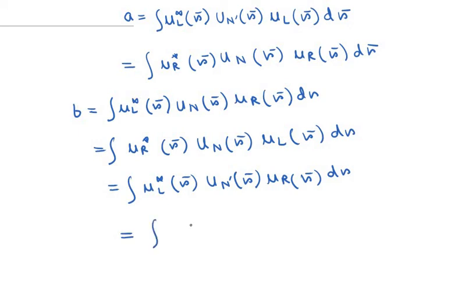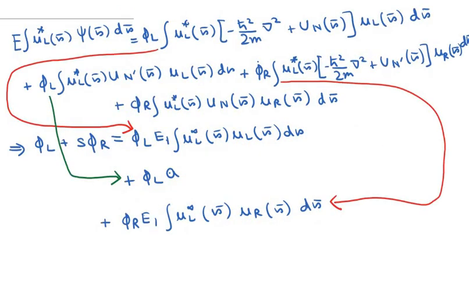This is equal to the integral of UR R UN dash R UL R dr. So we denote this kind of term by this letter B over here. So plus phi R into B. So this term, again let me draw an arrow over here, basically comes from this term over here.